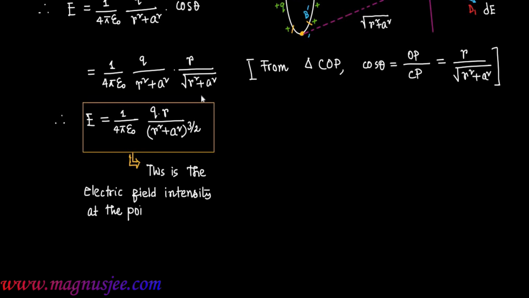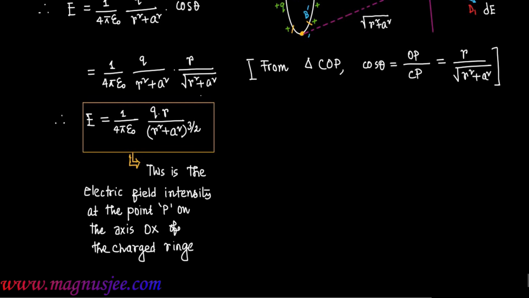at the point P on the axis OX of the uniformly charged ring. We can draw the diagram.